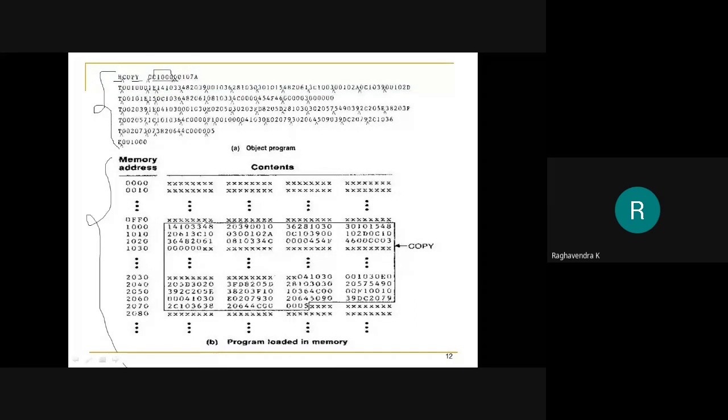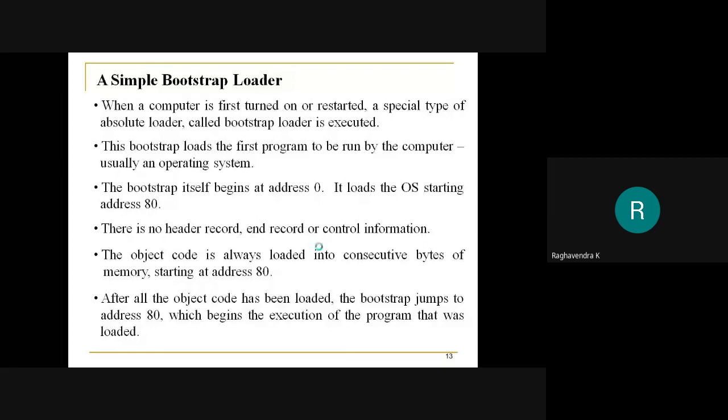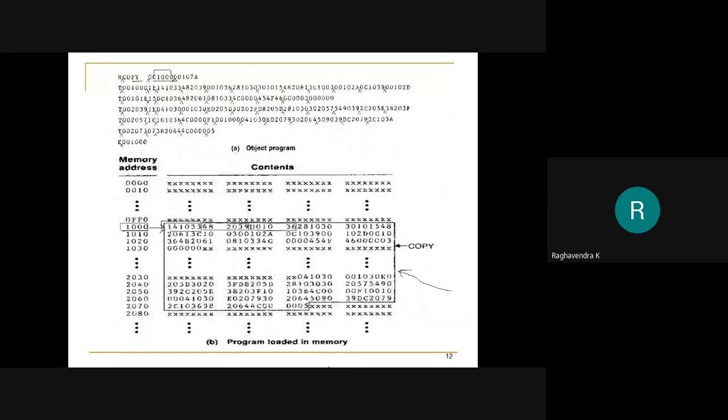Look at memory address 1000: we have the first instruction 141033, immediately followed by the second instruction 482039, then the third instruction 001036. Like this, the absolute loader would load our program into memory and begin the execution. So this is the absolute loader.